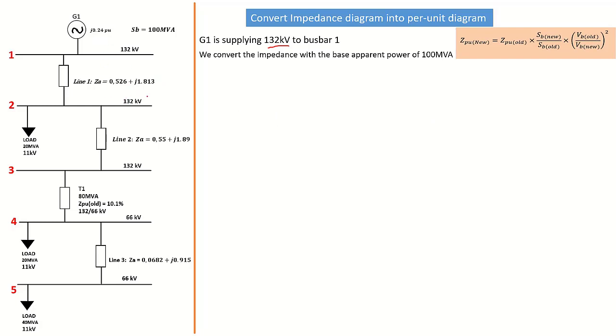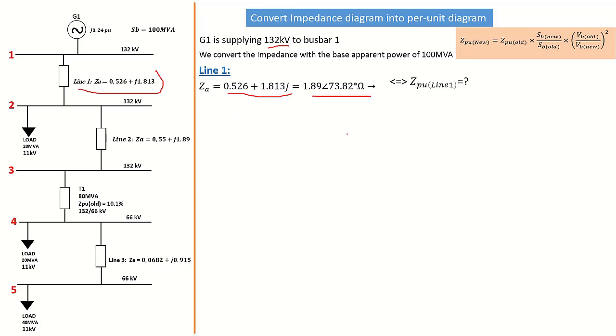Now we only need to convert this impedance here with a base of 100 MVA into per unit values. We've already seen how to do per unit in the previous tutorial. So the first thing to do for line 1 is to get our impedance, which is now in rectangular form, and convert it into the polar form.